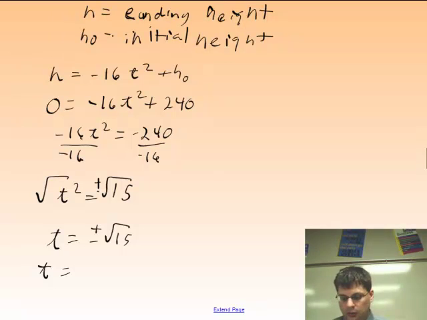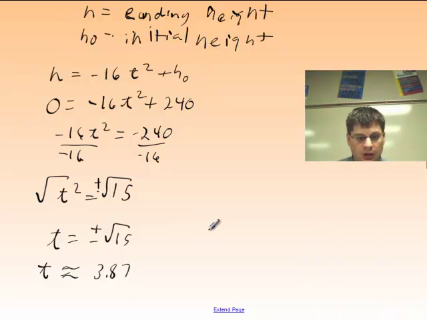So I'll round this to the nearest hundredth. Since I'm rounding, it doesn't become equal, it becomes approximate. So that's our approximation symbol. And we'll say 3.87.